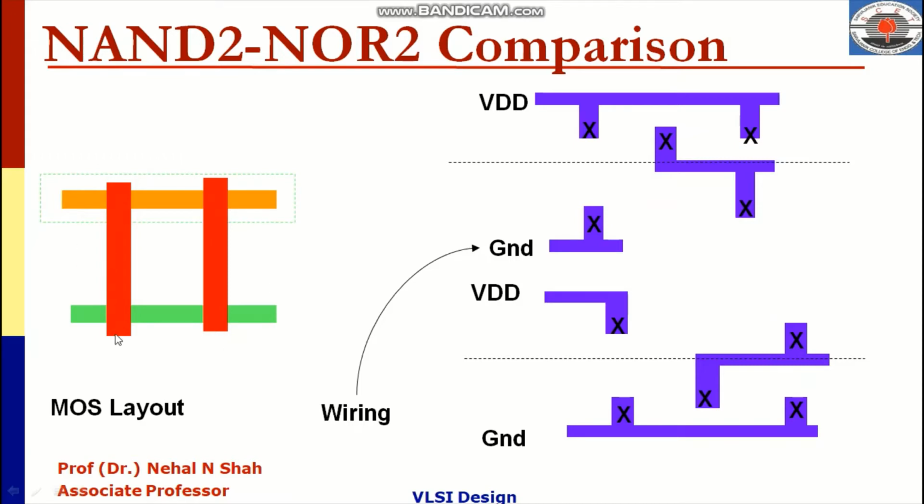We can put these two transistors either for NAND 2 layout or for NOR 2 layout. Their wiring is almost similar, only you can observe their images looking like flipping of each other. So with this, now we will actually start with the layout using Electric.